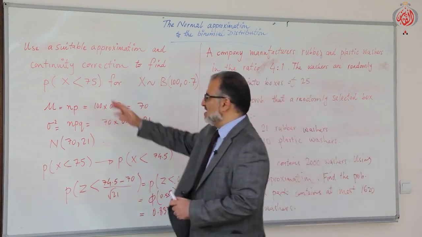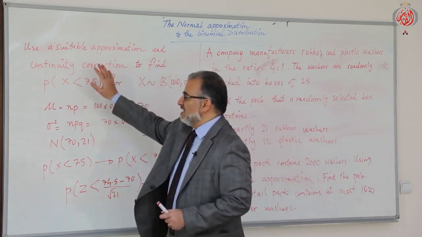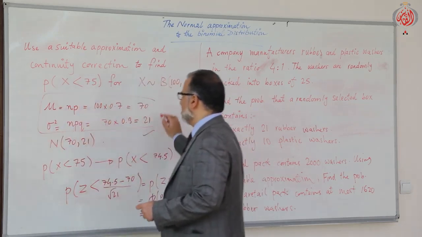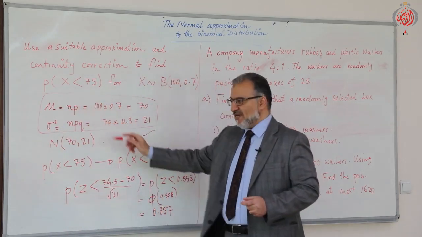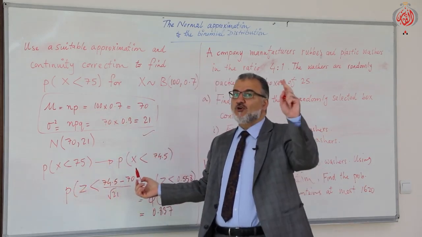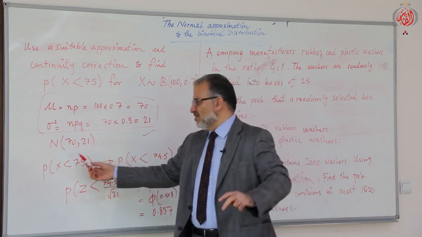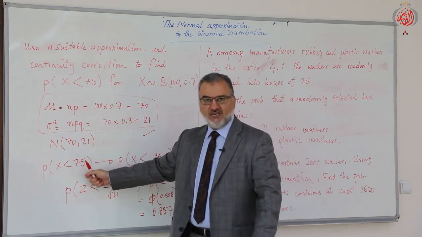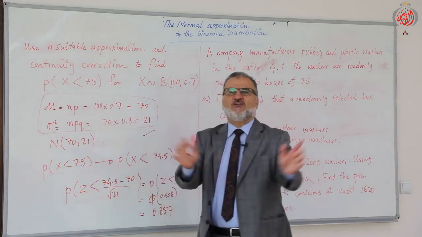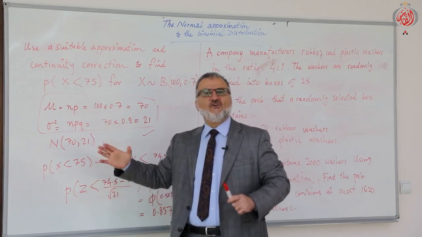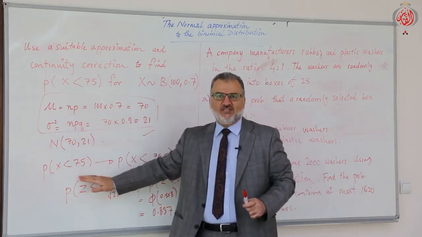So here, in order to use the normal approximation, we have to do two things. The first thing, finding mu and sigma. The second thing, you have to make the continuity correction. Don't forget, two things you have to do. The continuity correction for the question: the value given here should be corrected, either by adding half or minus half, according to the question that you have.